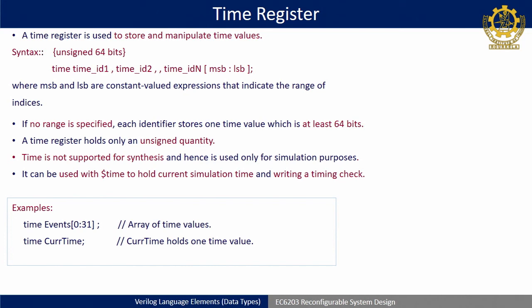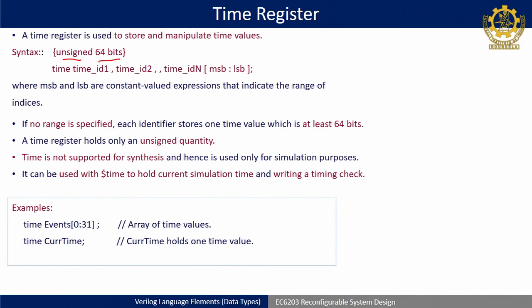We know a system task called $time, which is used to observe the current simulation time. If you want to store those values in a register, you have to use a time register. Time registers are by default 64 bit and unsigned, unlike integer, which is 32 bit signed.